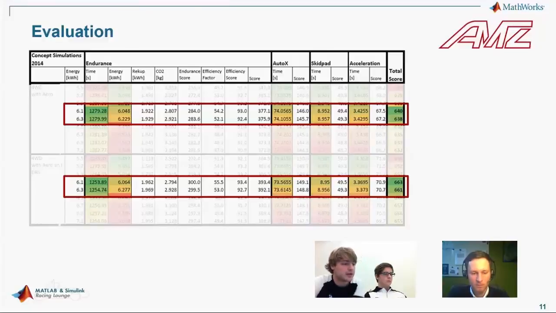If you go down, you have not enough energy to really drive powerful through a whole endurance, but your car will be lighter. If you go up, your car gets heavier and heavier, and this also affects the points, so you get somewhere an optimum. Okay, so the optimum is about between 6.1 and 6.3 kilowatt hours carried in the accumulator.